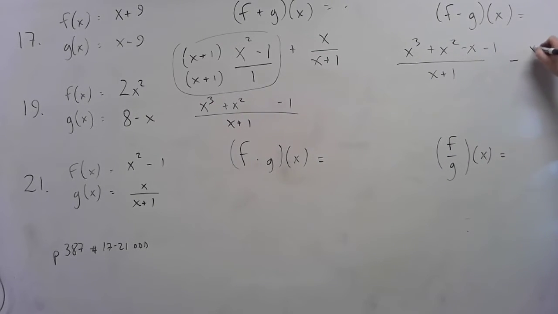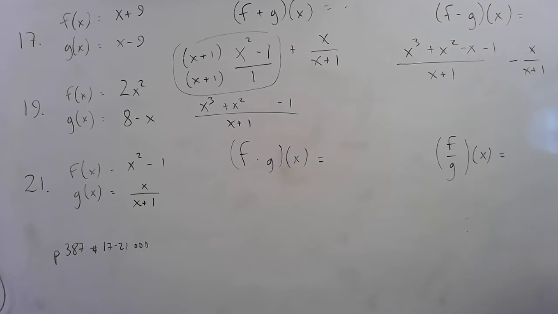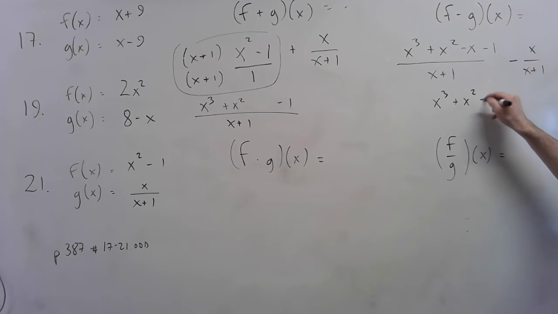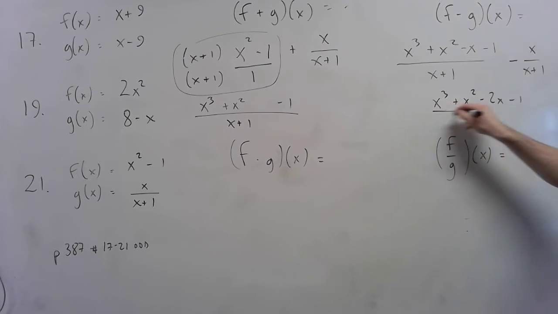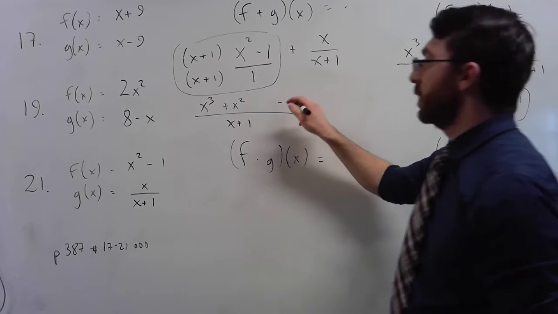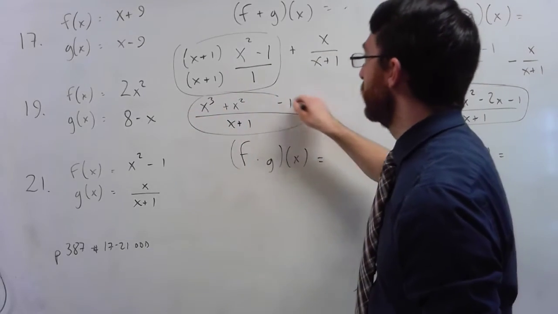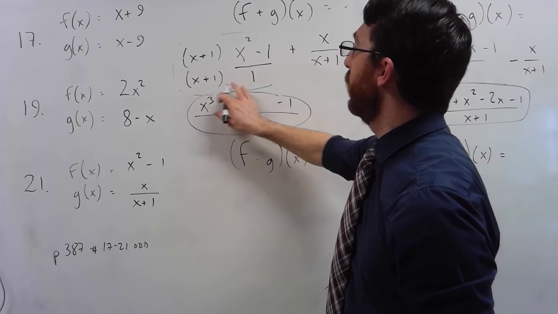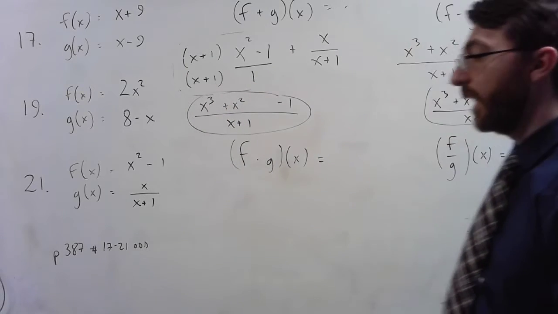Subtract x over x plus 1. Well, now those two x's are both negative, and so they don't cancel, they combine. That's x cubed plus x squared minus 2x minus 1 all over x plus 1. Let me make sure to circle that answer, not this. That's not the answer. That was a step I was trying to highlight.